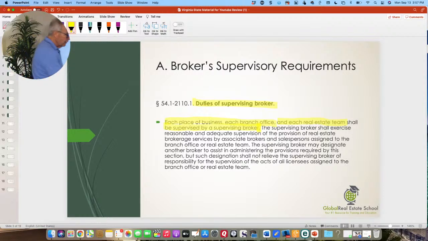Now, here's an interesting point. The supervising broker may designate another broker to assist in administering the provisions required by this section.